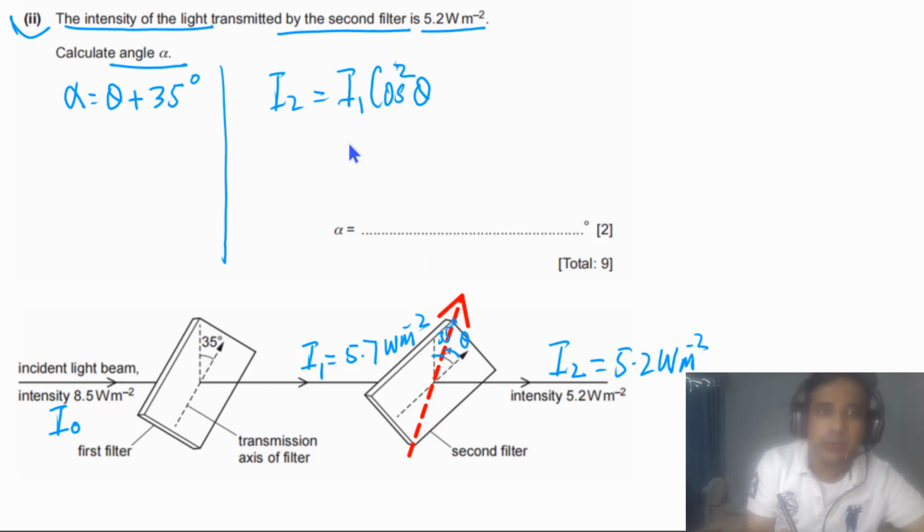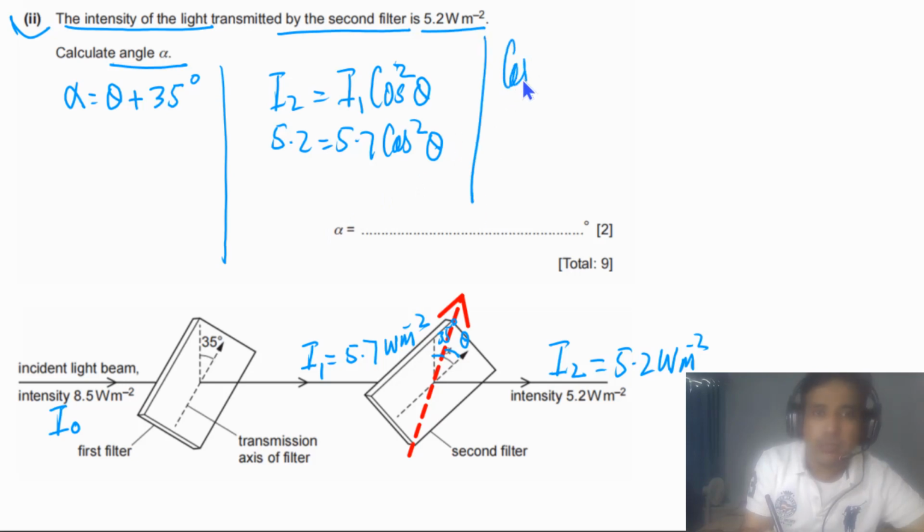Now simply we need to plug in values, and we can calculate the value of theta. I2 is 5.2, I1 is 5.7, and here we have cosine square theta. So from here we can write down cosine square theta will be equal to 5.2 divided by 5.7.